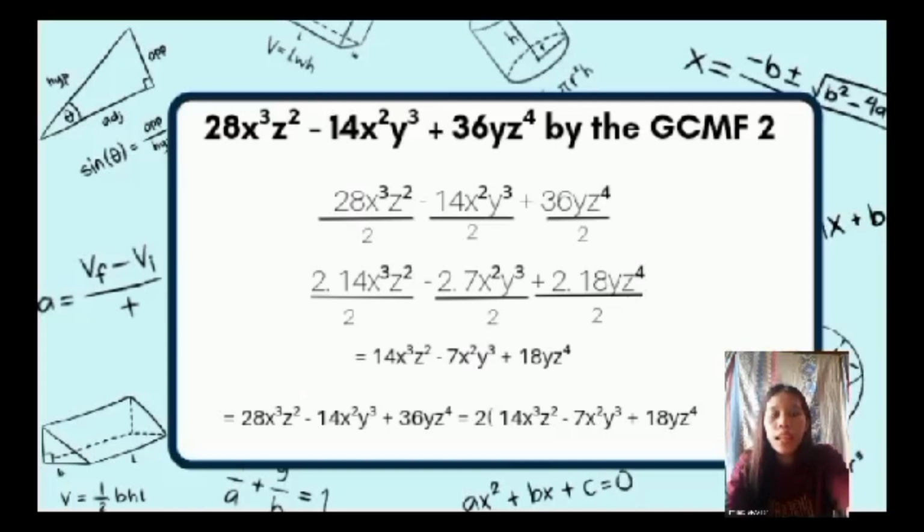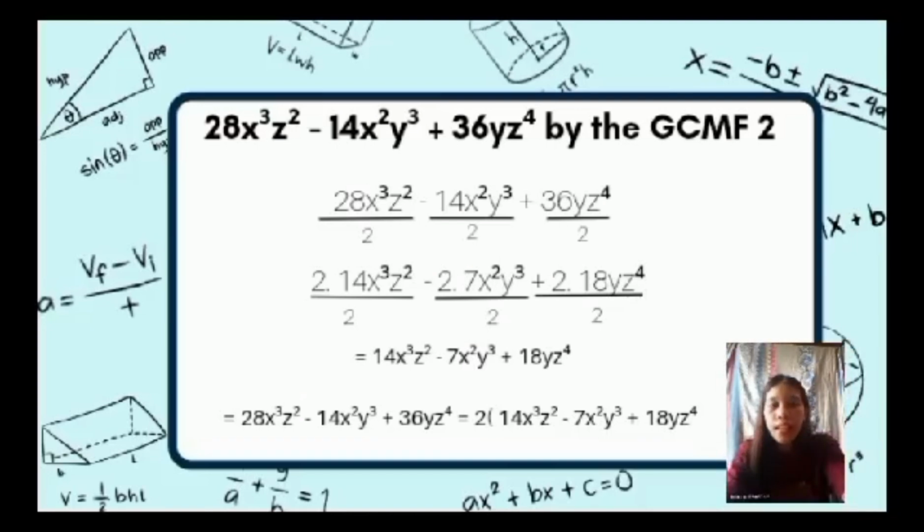So, we cancel that 2. The answer is 14x cubed z squared minus 7x squared y cubed plus 18yz to the power of 4.